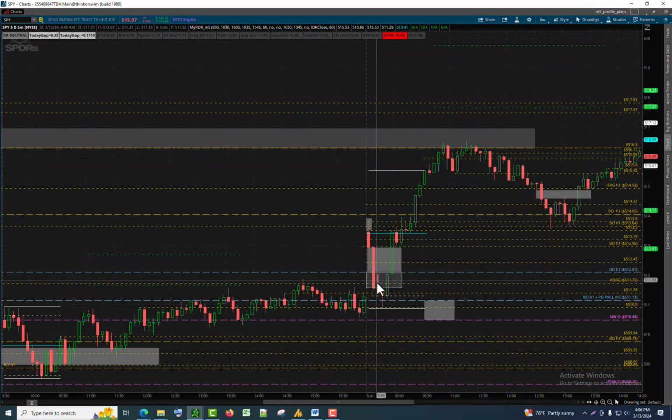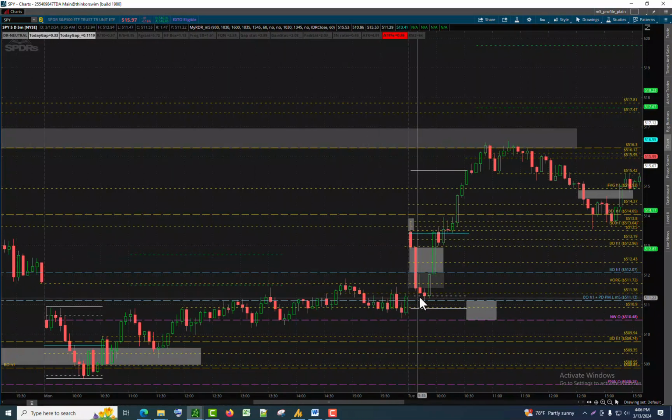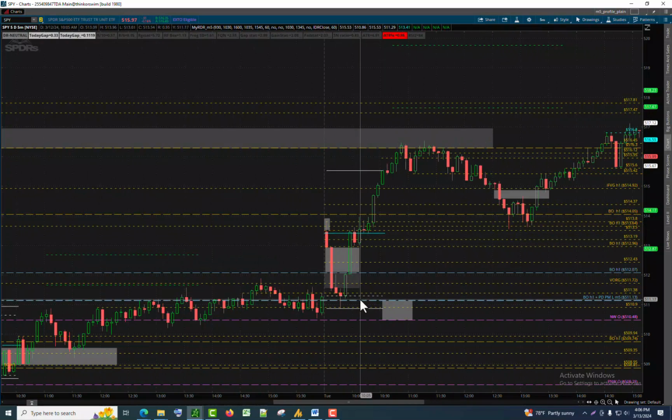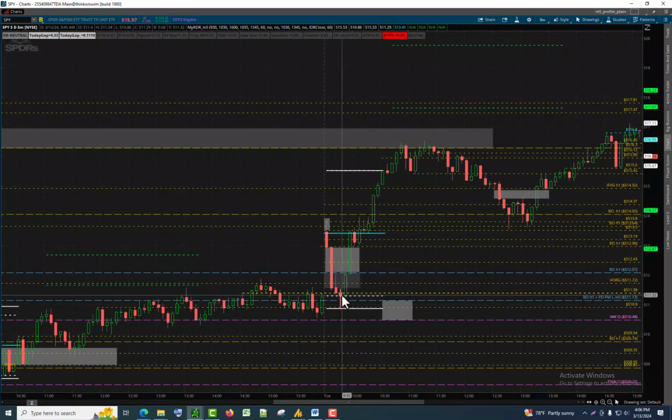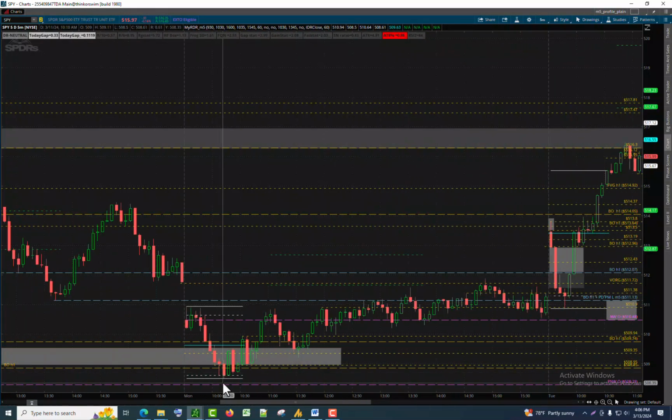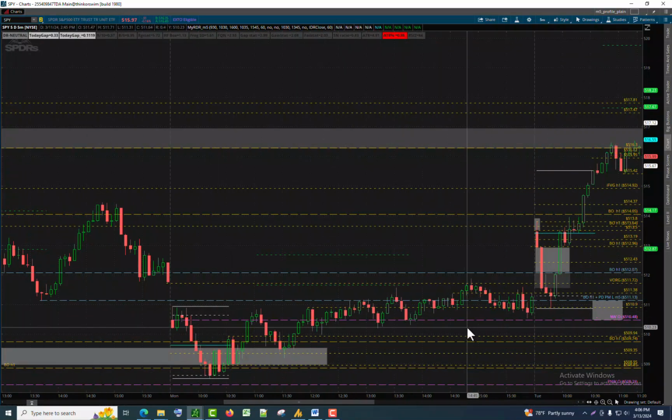So you have a Judas swing to refill the gap, and after refilling the gap it reverses. In this case it reversed 15 minutes early. Normally the reversal is around 10, or 10:55, something like that, around 10.